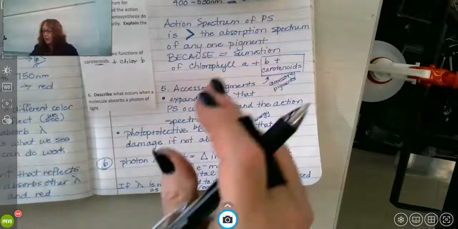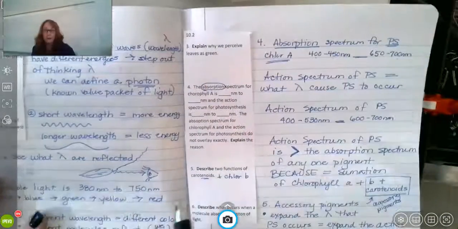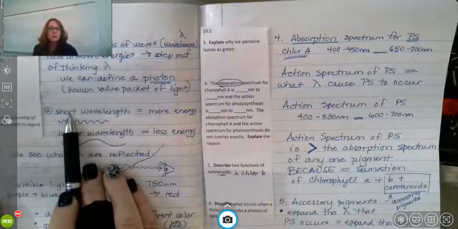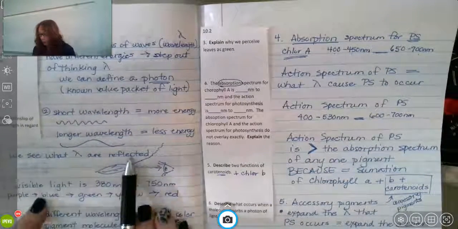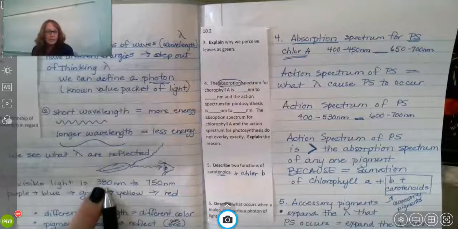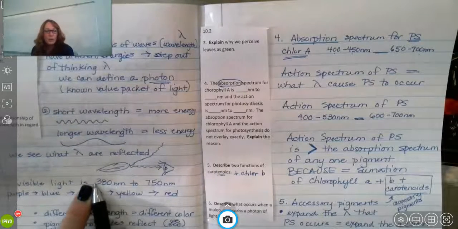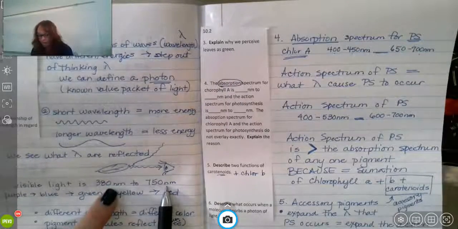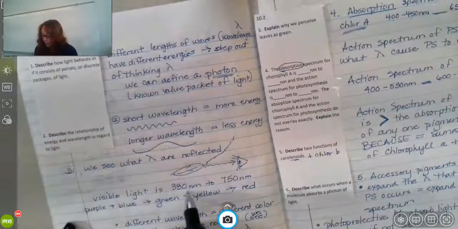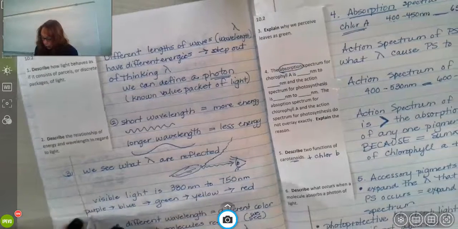So if I had to think about what's important, I would think about this statement here. Short wavelengths have more energy. Short literally is measurable, so 380 nanometers is shorter than 750. So this is shorter, right?